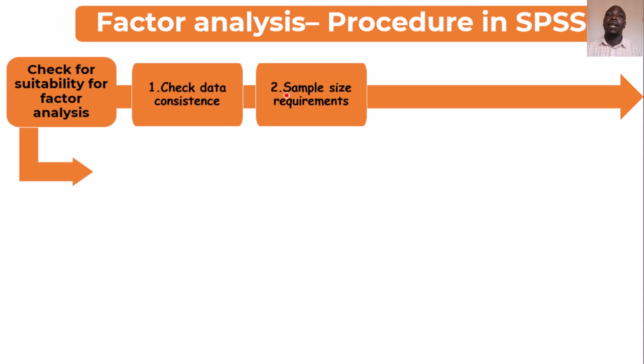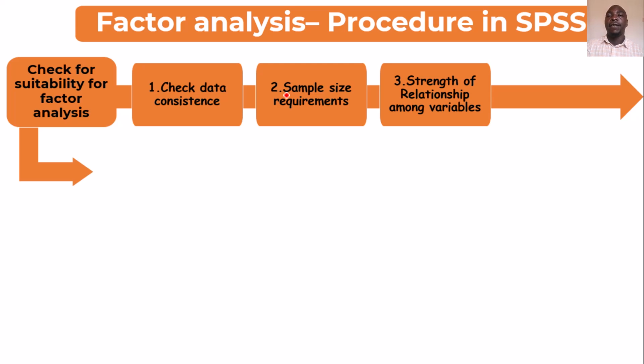If I have, say, 50 variables, I would be expected to have 50 times, say, 5, as a minimum, to give me the sample size I should be working with. In our data set, we have 500 and we have 10 items. So literally that is about 50 cases per item that we are going to put in the analysis, which is good enough.